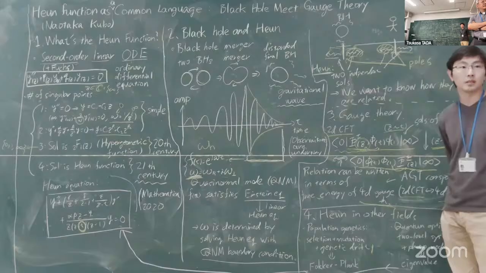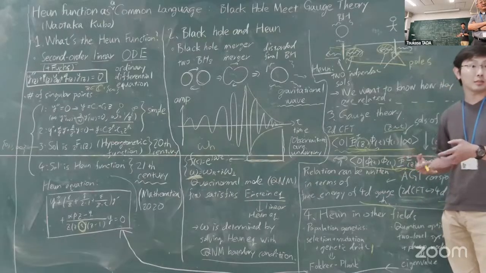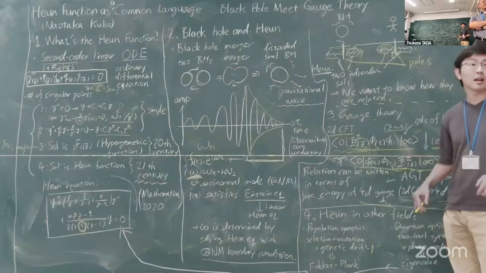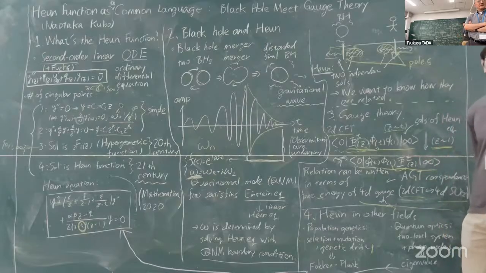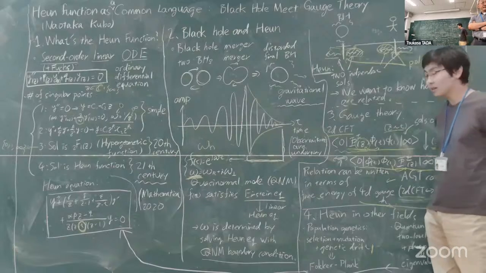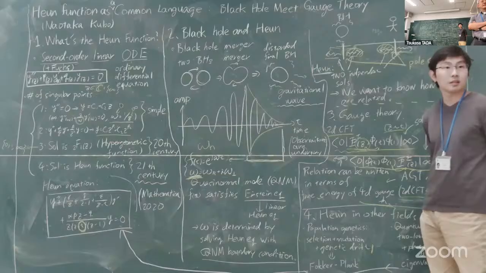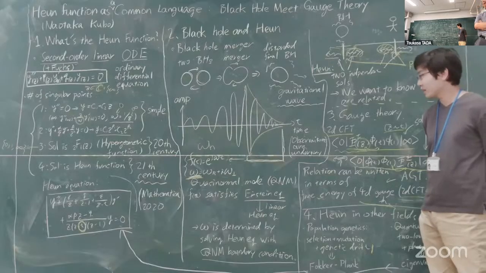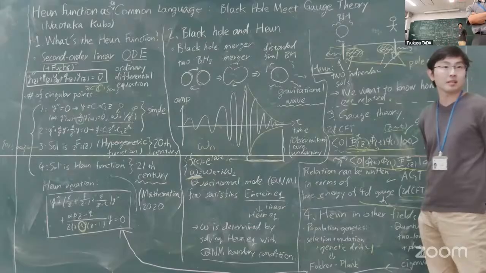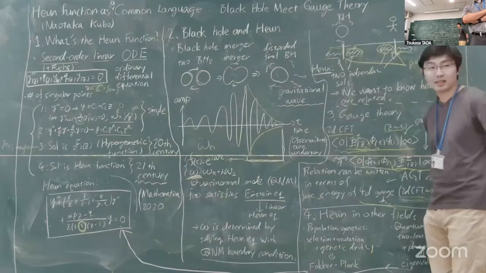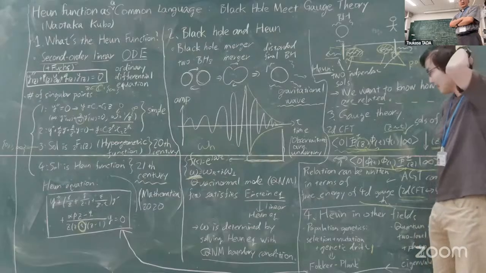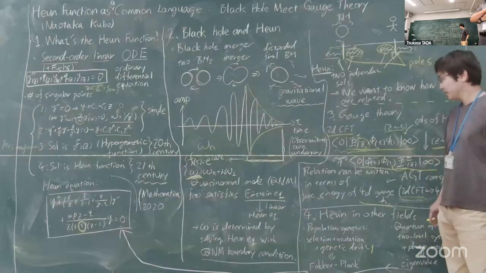But if you go slightly beyond general relativity, by considering modified gravity or other types of black holes different from Kerr, this Heun equation is not working anymore. So in this sense, this setup is very natural and also very special. Do you have any idea how to explain this, for example from a gauge theory point of view?